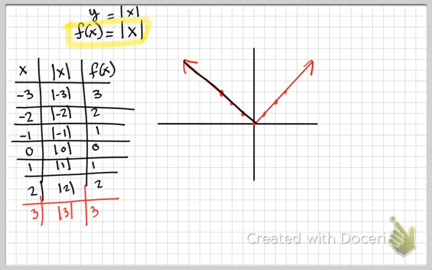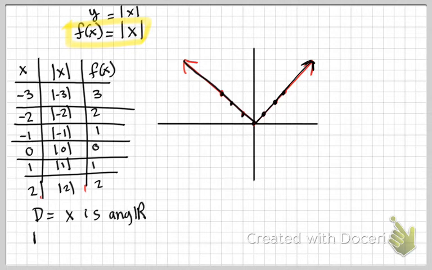If we make a transformation to that parent function for the f of x equals the absolute value of x, okay? So we could do something like, I'm just drawing over it in black. So let's go through first and talk about our domain and range. So with our domain, notice it's going to get wider and wider because it goes on and on forever.